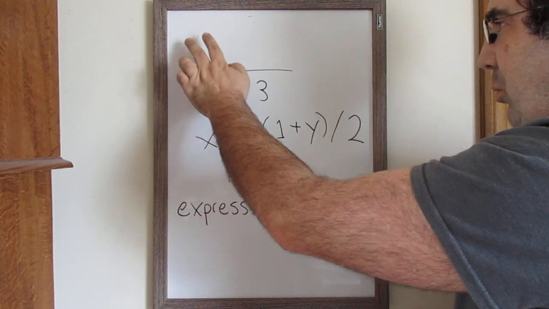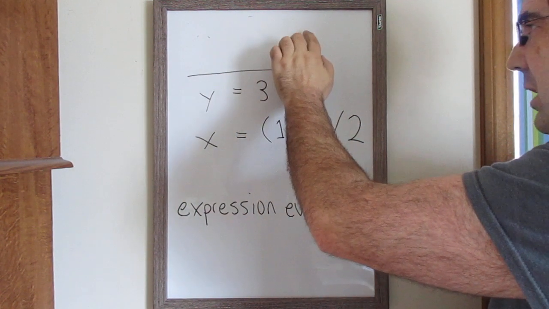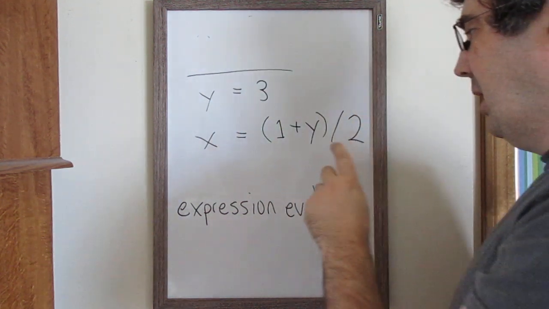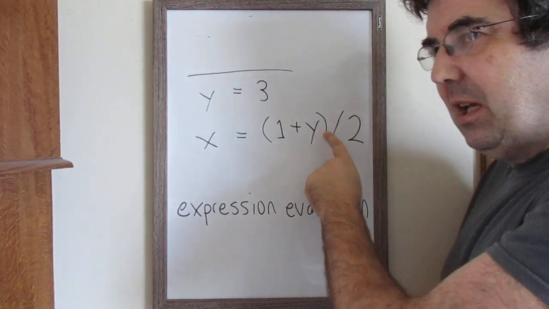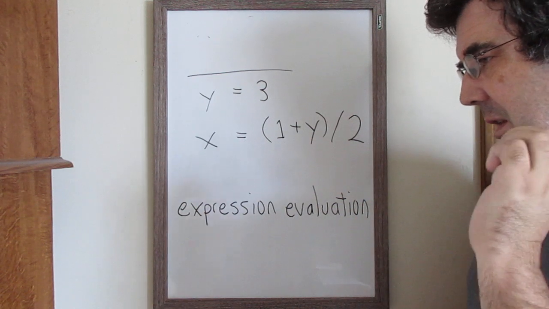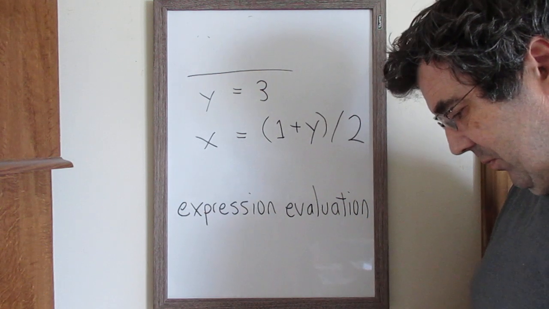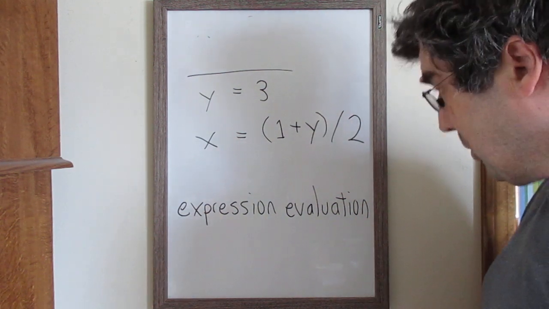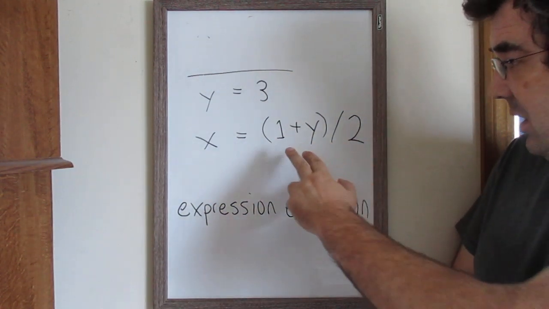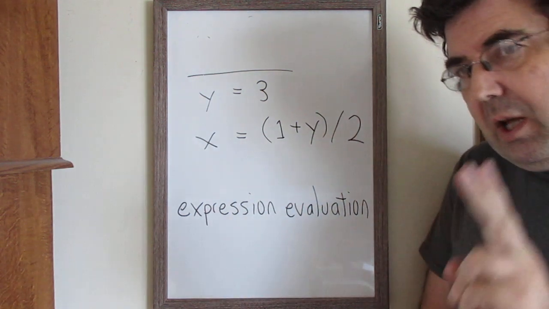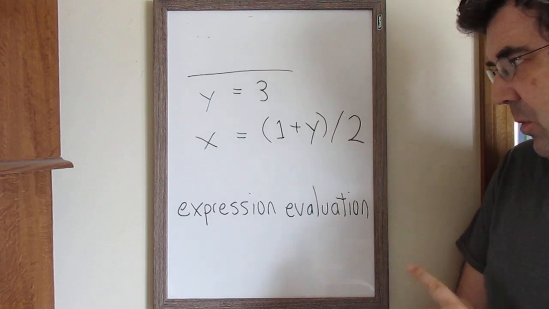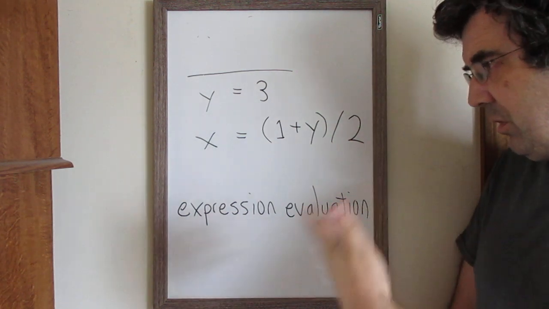The variable name y points to a location on the memory chip where the value 3 is. The variable name y is replaced with the value that y points to, which of course is 3. And so the expression 1 plus y divided by 2 becomes the expression 1 plus 3 divided by 2 because y is replaced with 3.